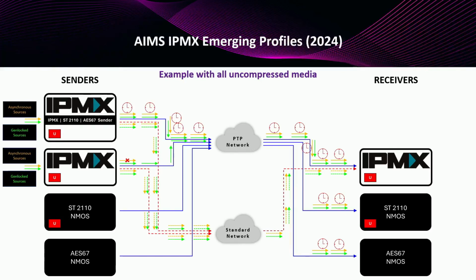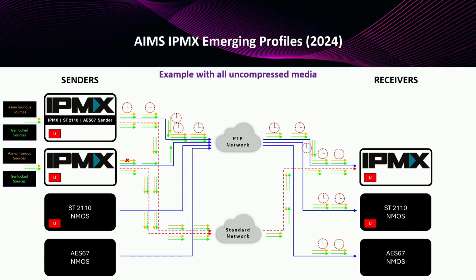So these types of senders will be a valid sender to all of these types of products on either of these types of networks. And this type of sender will work when it has a Genlock source on all of these receivers on a PTP network, or if it's an asynchronous source, it can be routed on a regular network.